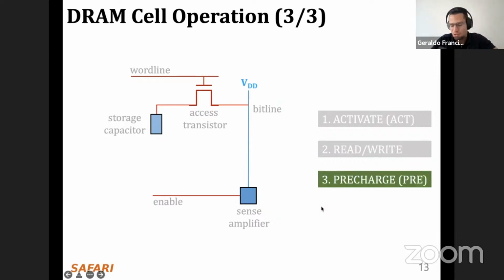After all of this happens, the memory controller issues as many read and write commands for that particular row as needed by the application.